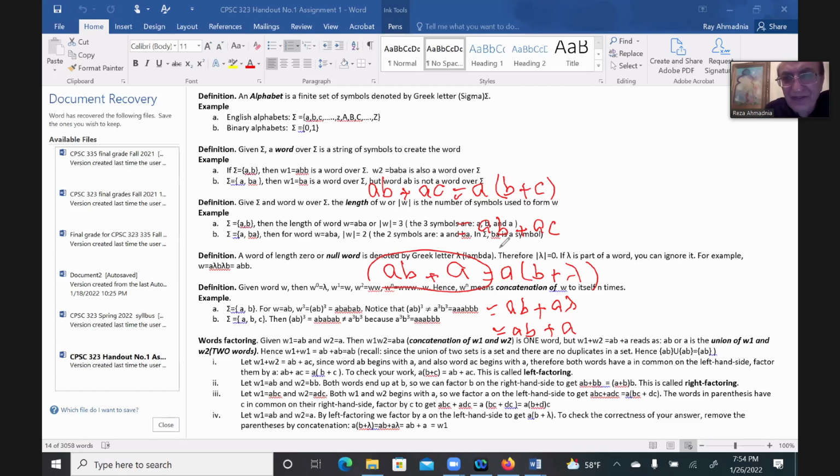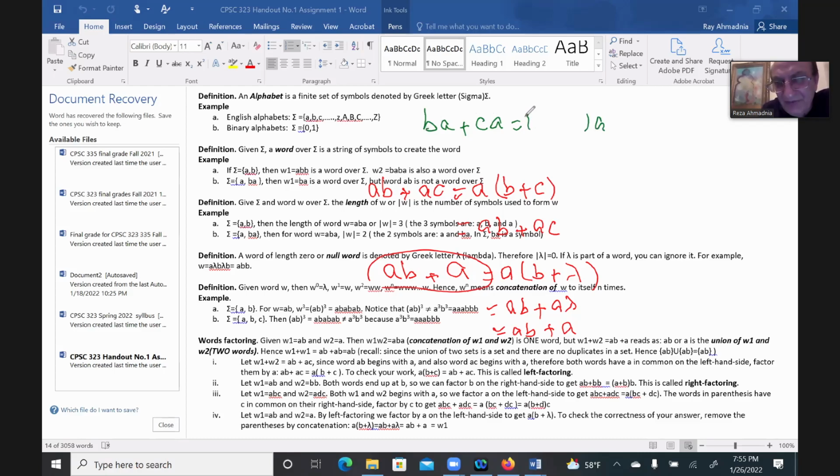If I have something like BA and then CA, this word and this word have A in common on the right-hand side. So I factor by A on the right-hand side.